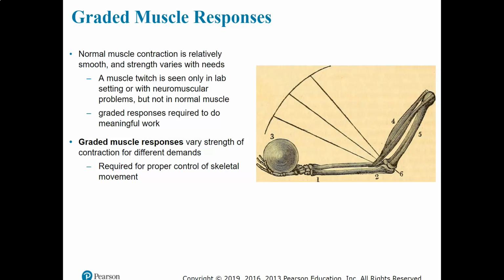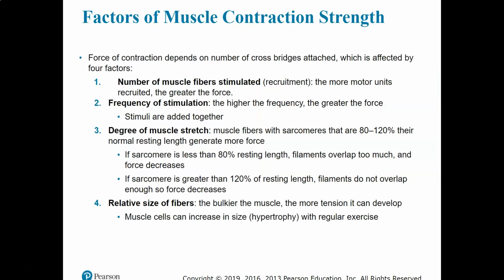So the force of contraction is going to depend on the number of cross bridges that are formed, which is going to depend on 4 factors. Remember, cross bridges are those connections between the myosin and the actin. So it's going to depend on the number of muscle fibers that get stimulated, what we call recruitment.